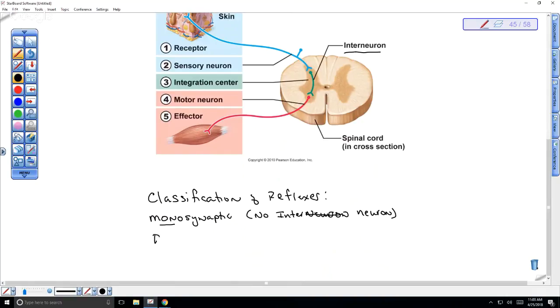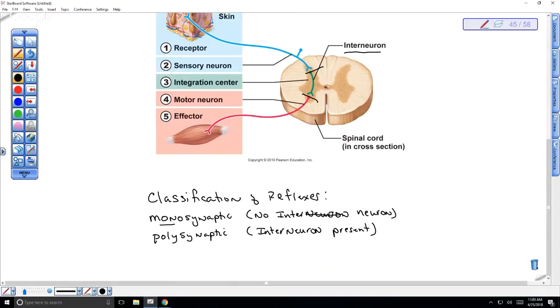Okay. Versus polysynaptic, which means that an interneuron is present. So some reflexes are monosynaptic and some reflexes are polysynaptic. This one shown would be polysynaptic because we have a synapse here and we have a synapse here. So remember, the synapse is just the space between the neurons. So I have two synapses in this particular reflex.